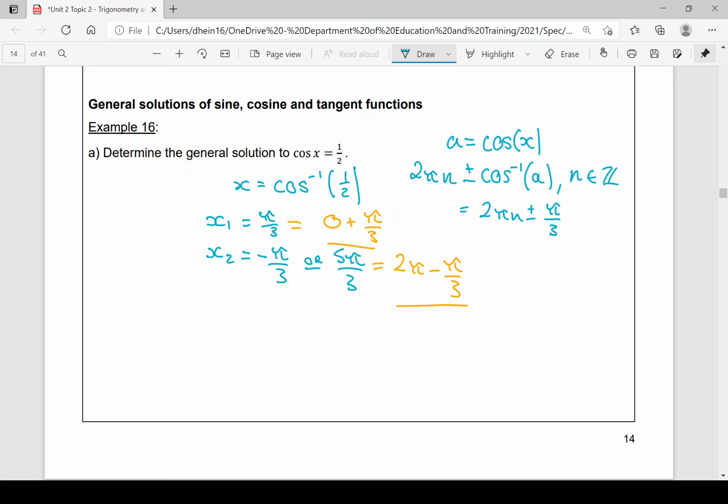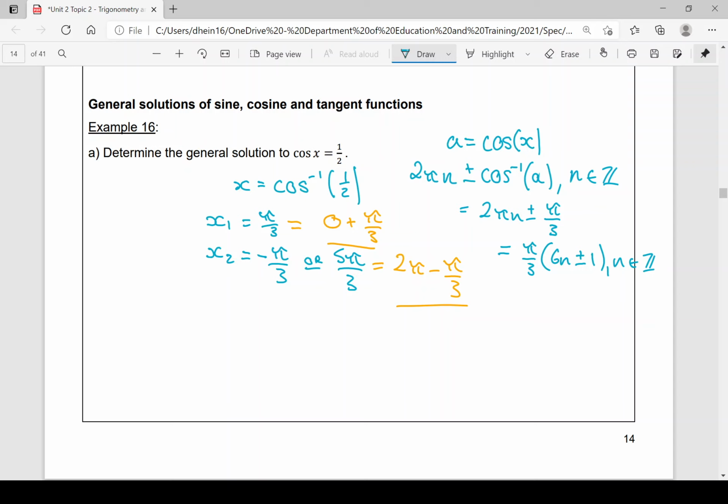And if we have a solution like this with a fraction, we can go one step further and factorize out the pi on 3. We're going to get pi on 3 times 6n plus or minus 1, where once again n is an integer.